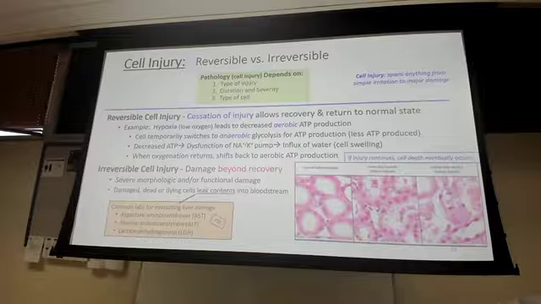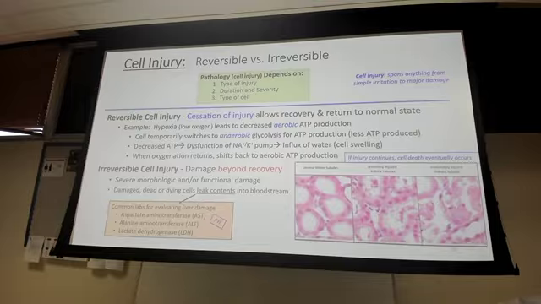So if we're able to stop the injury, for example, introduce oxygen back into the cell, then if it gets to that reversible cell injury point, it has the potential to go back to normal. But there's a certain threshold that once we're past that point, there's no coming back. That cell's going to die, and when it dies, it's going to start leaking its contents.